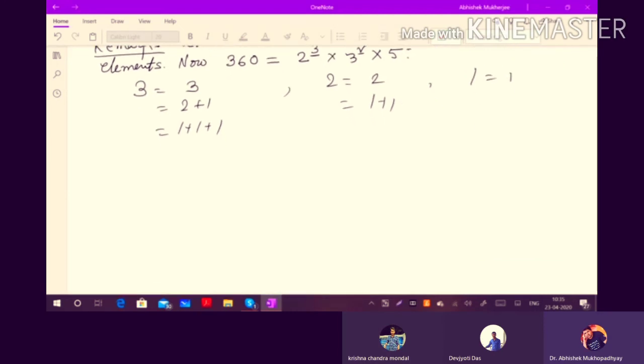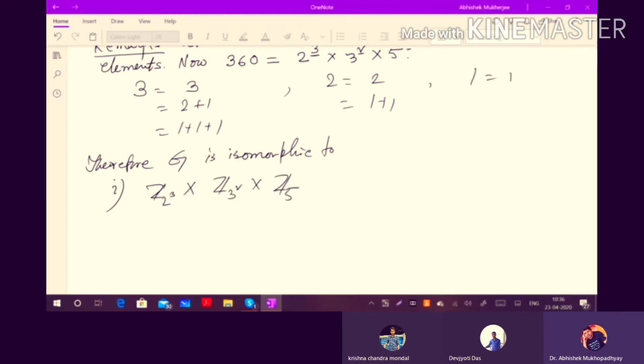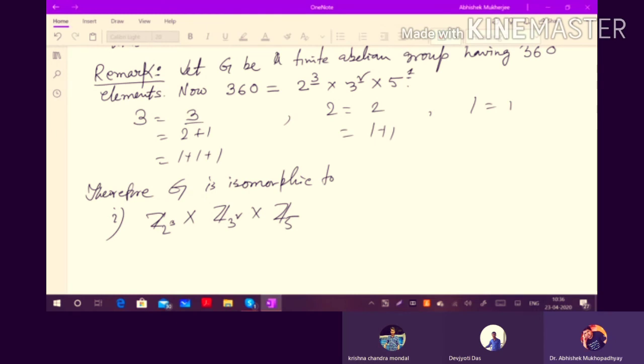And using this partition, G is isomorphic to one of the following. Number 1 will be Z2 cube, Z3 square, Z5.